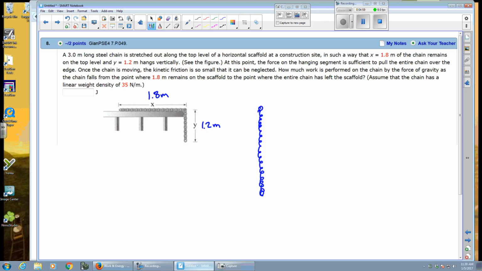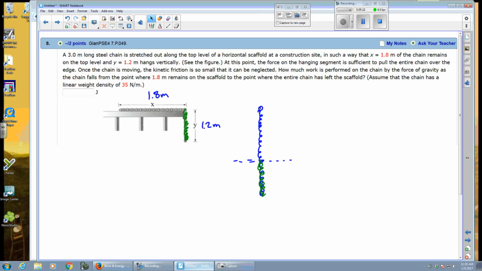So I'm going to divide mine here. This will be the bottom part, maybe I'll go over in green, this hanging section, and the top part will be that.